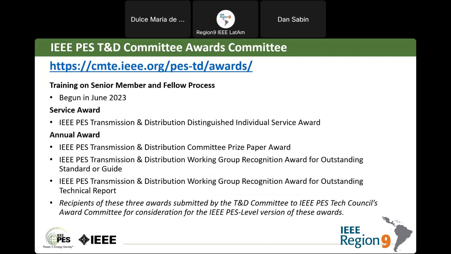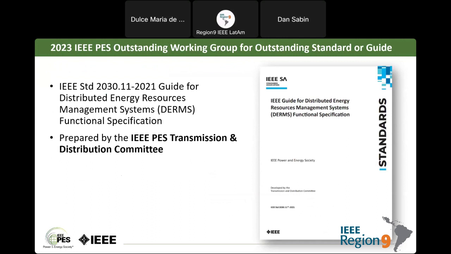And so I know I've got some recent experience that I could share on how this works, because the T&D committee was actually our nominee for the guide IEEE standard 2030.11, which was completed in '21.